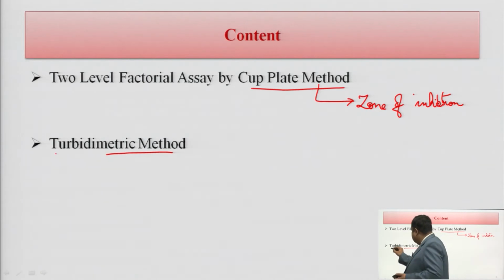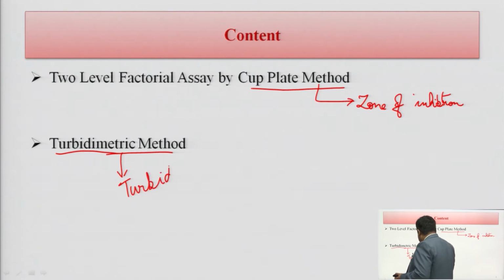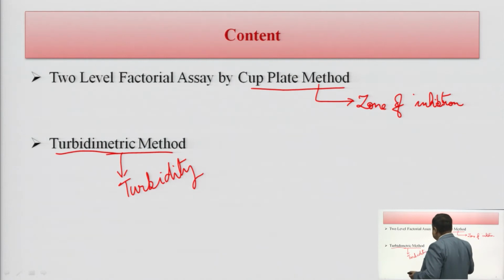So, we are estimating the turbidity in the Turbidimetric method, whereas in the cup plate method we are measuring the zone of inhibition.